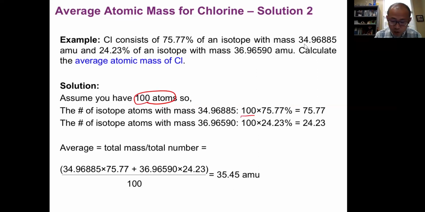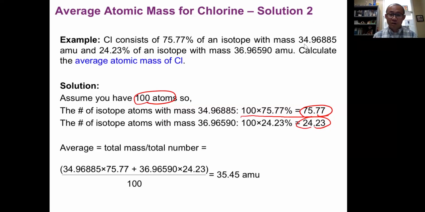Then I use the total number of atoms multiplied by the percentage to get the actual number of atoms. So the one with mass around 35, the actual number is 75. The other one, the actual number is 24, because you use the total 100 multiplied by the percentage.